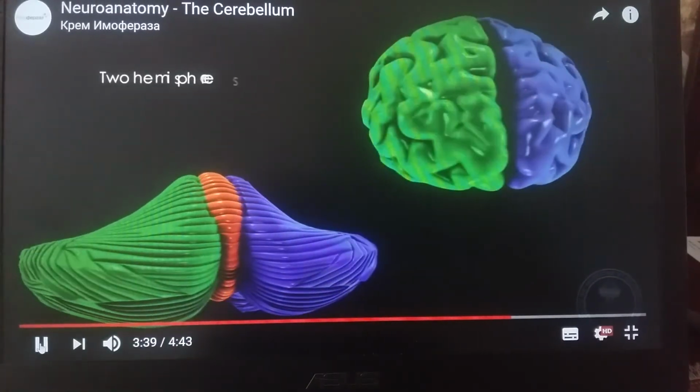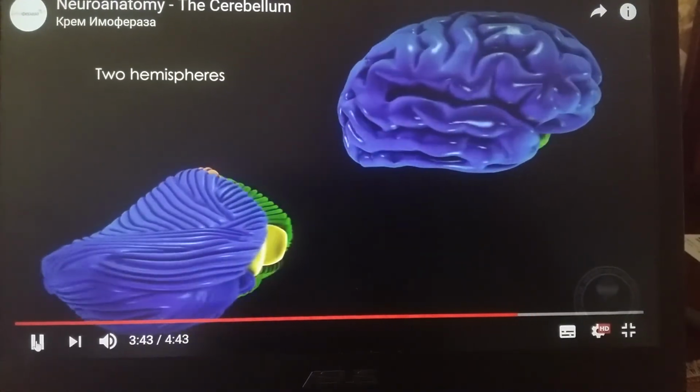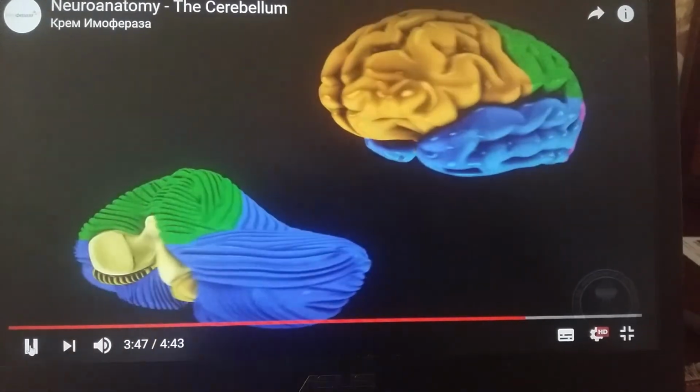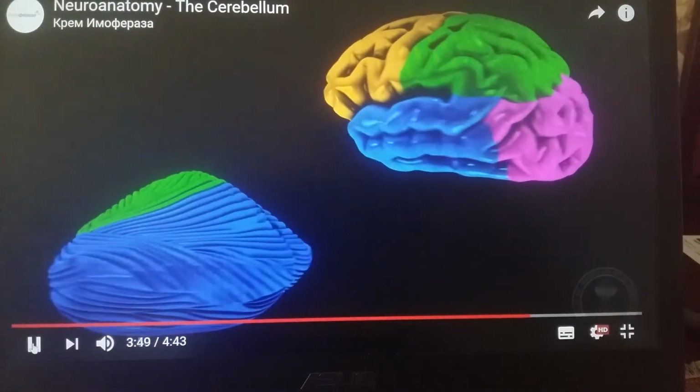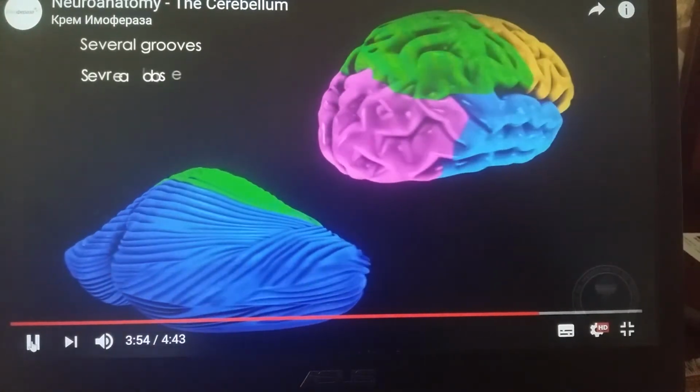It has 2 hemispheres, right and left, and several grooves delimiting lobes.